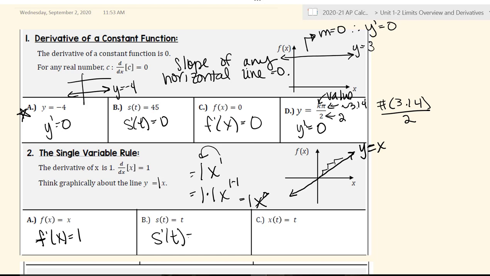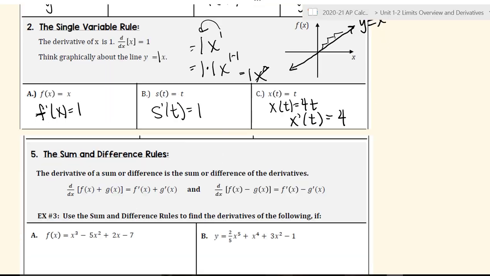S prime of t just equals that coefficient, which is 1. And I'm going to change this up a little bit right here. I'm going to say x of t, let's say that this is 4t. If I were to take the derivative here, it would not be 1, it would be 4. Because that variable would go away by taking it down a degree, and we would just be left with that coefficient.